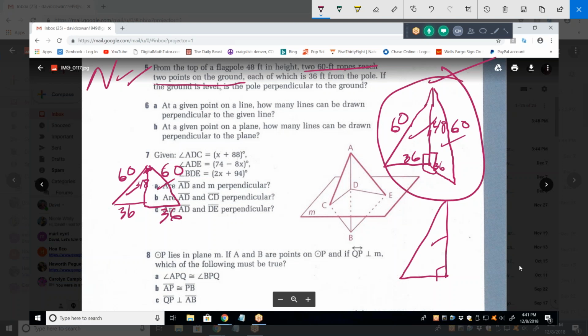Even though it seems like the answer should be yes. Because if the answer is yes, then give him this problem right here and say, there's a counter to your proof. Here's a pole that's not perpendicular to the ground, and yet it still satisfies all the other conditions.